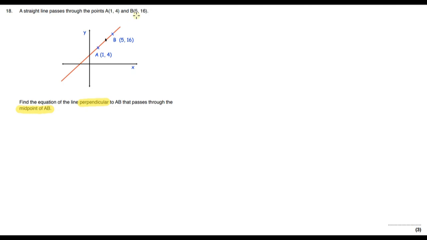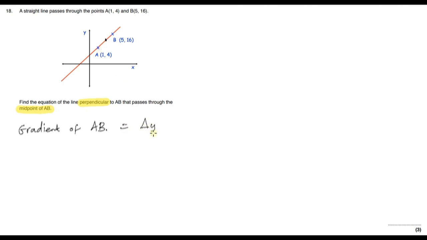So first of all, let's work out the gradient of AB. Well, we've got 2 points on the line, so we can work out the gradient. The gradient is the change in y over the change in x.